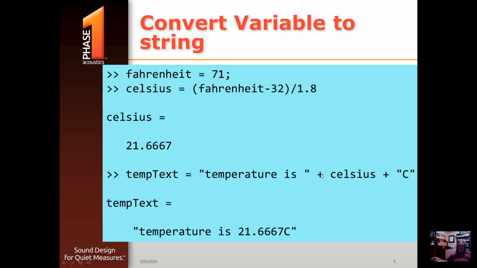Now I'm using the plus operator. Now Celsius is a variable, so I'm not using the double quotes. If I used the double quotes, then Celsius would become a character array. But we want to convert the value assigned to the variable Celsius. And now we want to append uppercase C. When we execute this line of code, it returns temp text is equal to temperature is 21.667 C.